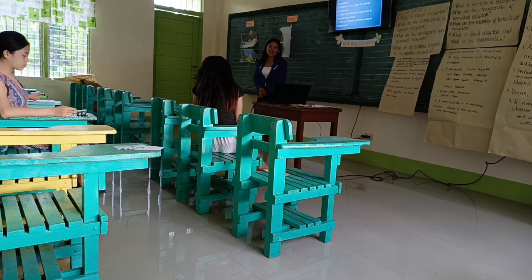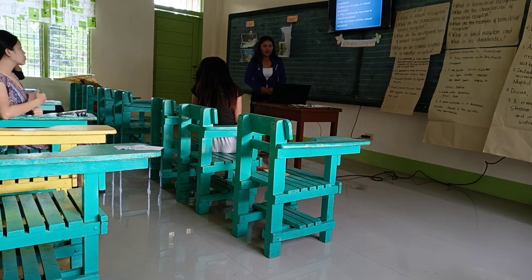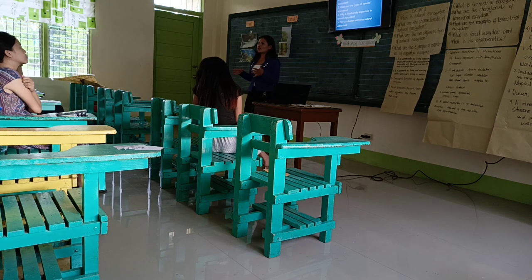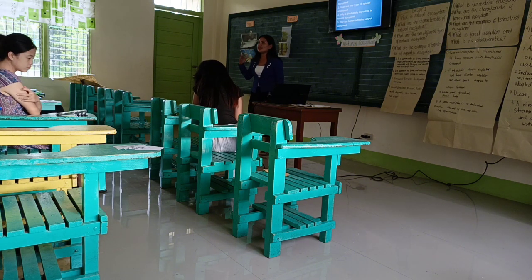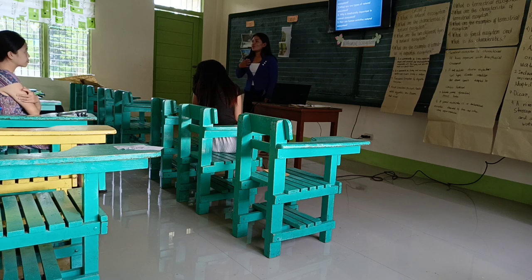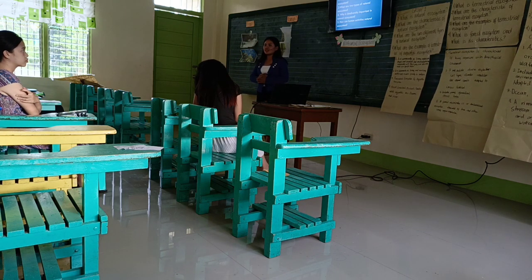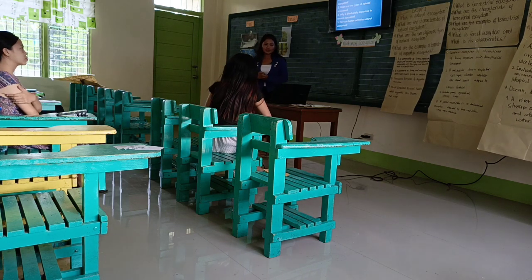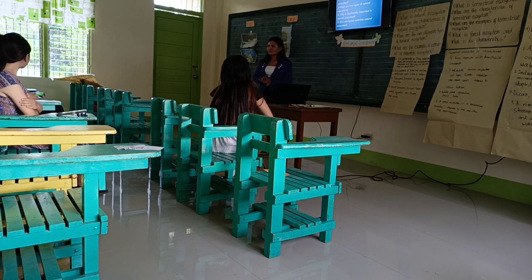Okay, the importance of natural ecosystem to our biodiversity, it supports ecosystem functions, nutrient cycle, pollination, and pest control, and also helps in maintaining the overall environment health. Now class, how can human activities impact our ecosystem?